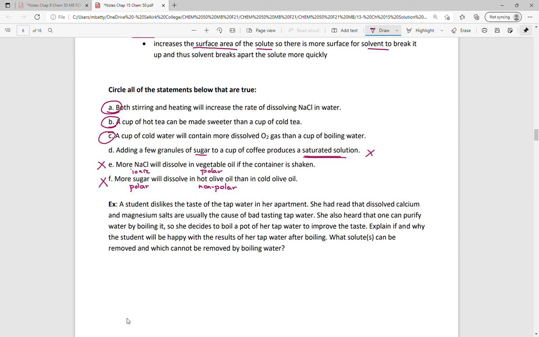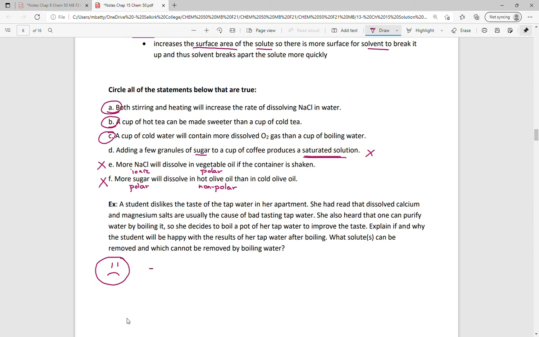Do you think she will be happy with her results of the boiling water? Why or why not? And what solutes can be removed and what cannot be removed by the boiling water? So think about it for a minute. As a disclaimer, she is not going to be happy, but we have the keys and the science to understand why.